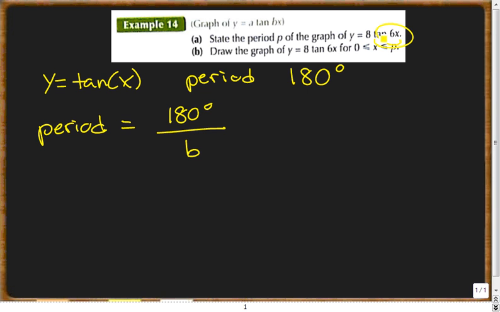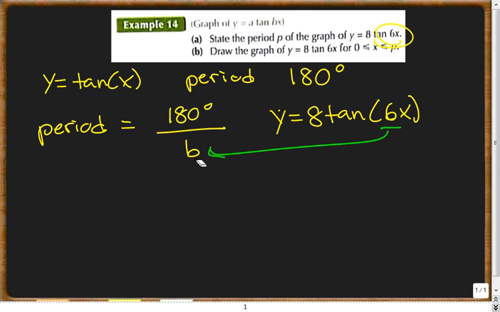Well, we're talking about 6x, so y equals 8 times the tangent of 6x. We equate those two, and for this graph, it's going to be 30 degrees.